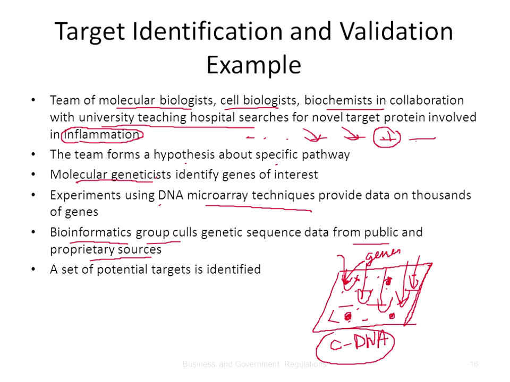Nowadays there are so many genomes that have been sequenced, so there is lots and lots of genome data available, gene sequence data. So you might look through all the data, the bioinformatics group, to find potential gene sequences. So this way a set of potential targets is identified, okay, by this team.